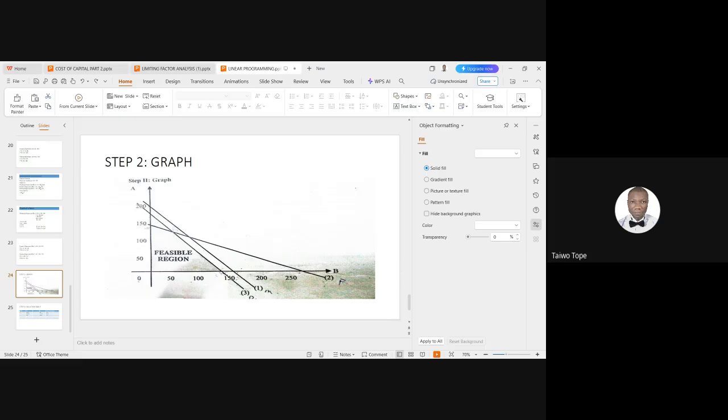So this region, the visible region, is the area that is bounded by limitation. That represents all the non-negative solutions.